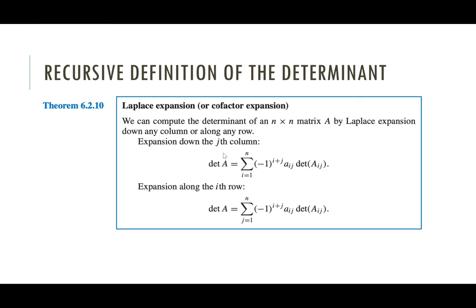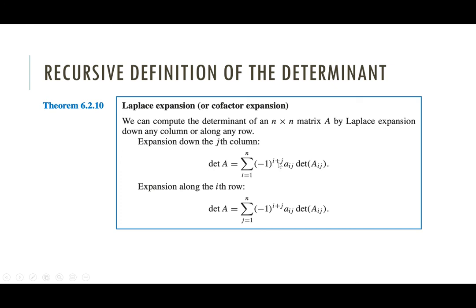And the claim is actually you can expand down any column or any row, so long as it follows this pattern. If you're looking in the jth column, then you're summing over the i different rows in that column, with a factor of (-1) to the i plus j.